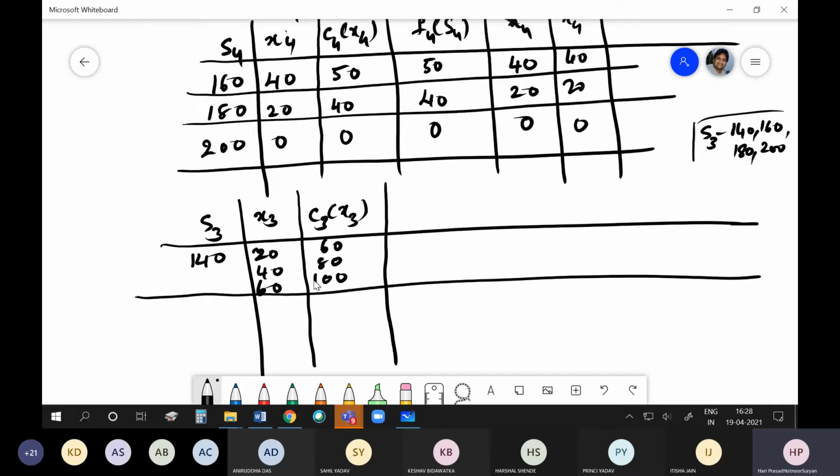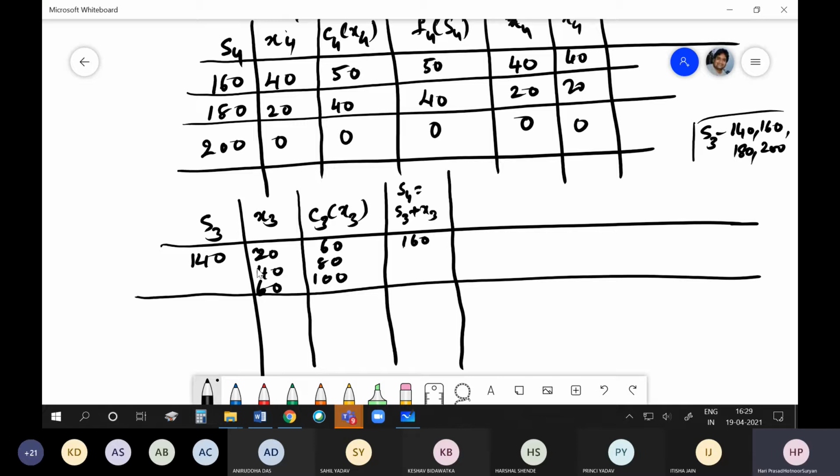What will be S4 now? S3 plus X3. Exactly, S3 plus X3. Very good. Which is 160. That means if I had an existing capacity of 140 at the end of 10 years and I increase it by 20 units between 10 to 15 years, then at the end of 15 years I will have a capacity of 160.